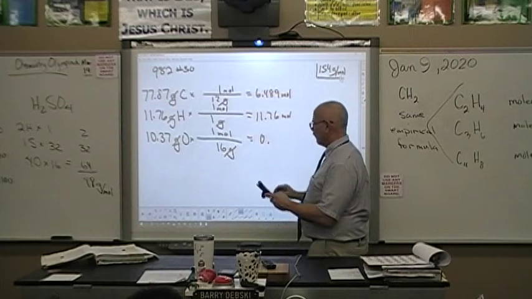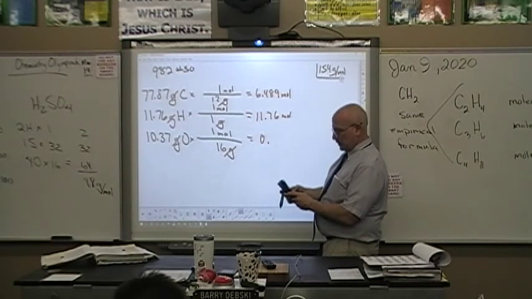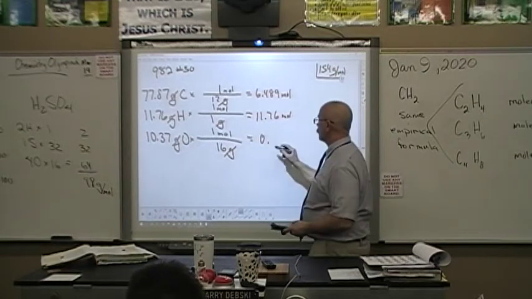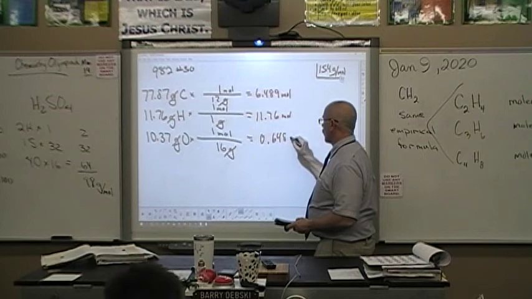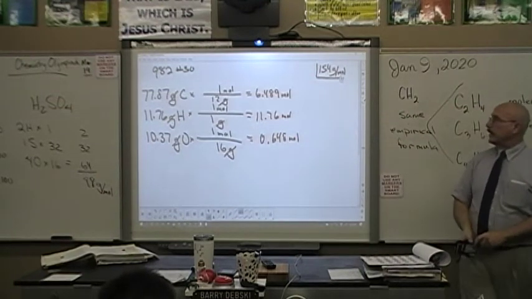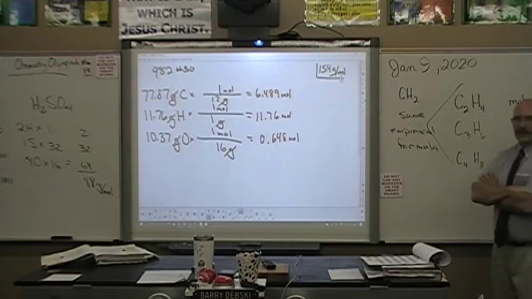No, I did something wrong. 10.37 divided by 16. Yeah, 0.648. Okay, so here's our three numbers. 0.648, 6.48, and 11.76.